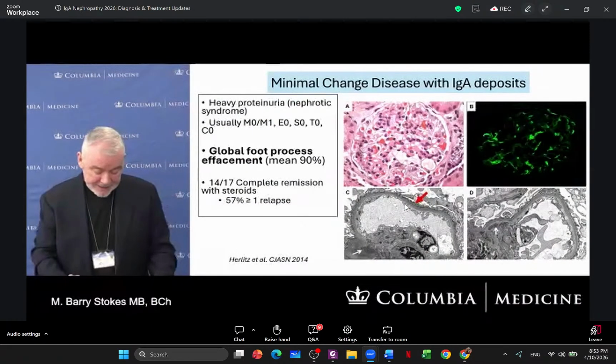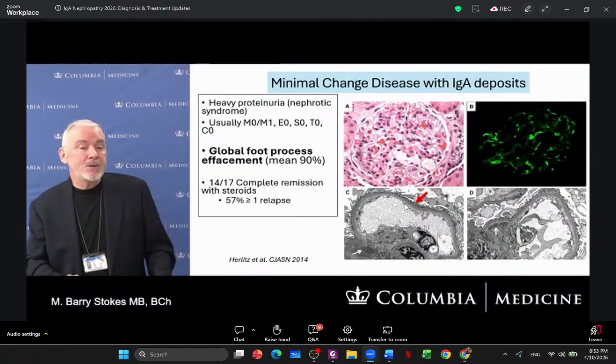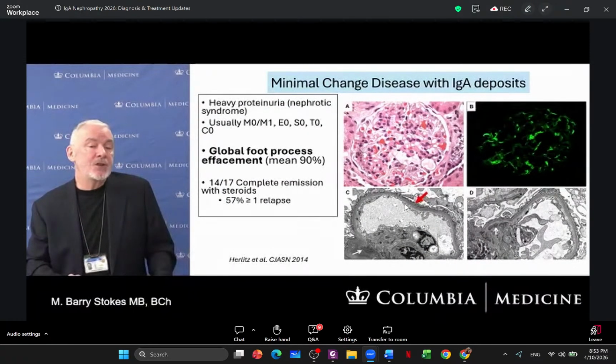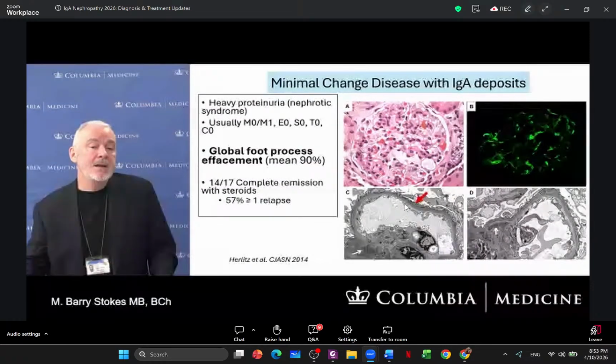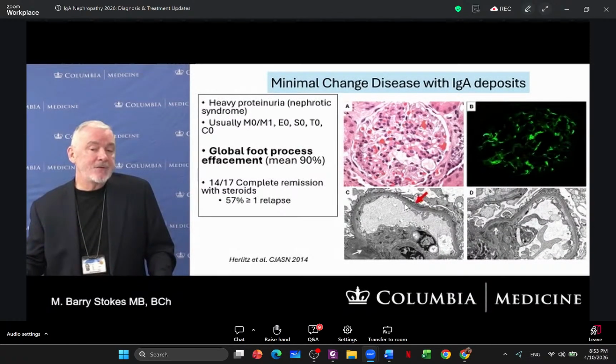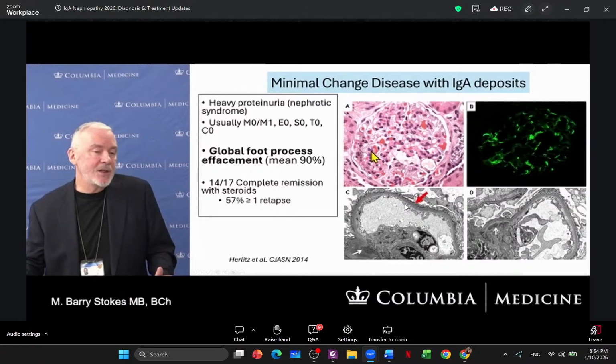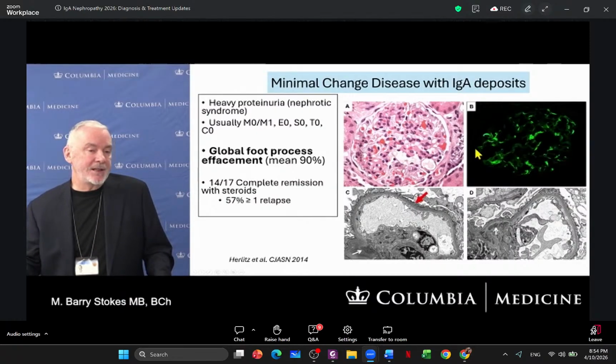The other main disease that sometimes can be confused with IgA nephropathy is minimal change disease. Some patients with minimal change disease, which is a podocytopathy that presents with nephrotic syndrome, have incidental IgA deposits. So again these are not considered a form of IgA nephropathy. These are minimal change disease with incidental IgA deposits.